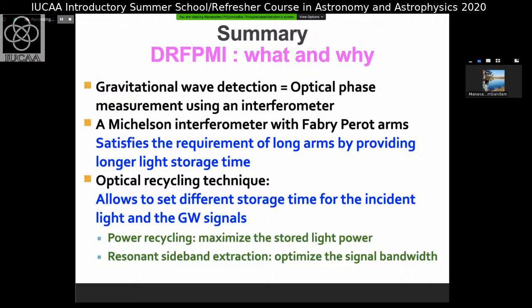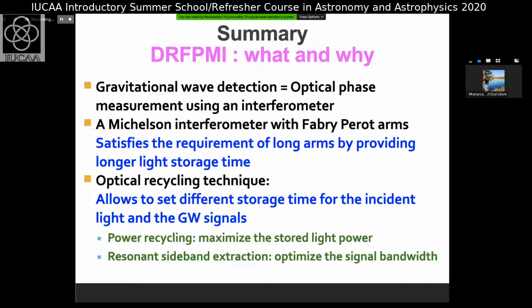And then when we introduce Fabry-Perot arms in a Michelson interferometer, we are able to extend the baseline length of the interferometer and provide a longer storage time for the gravitational wave signal to interact with the photons, which means that you increase the sensitivity of the Michelson interferometer by introducing Fabry-Perot arms.